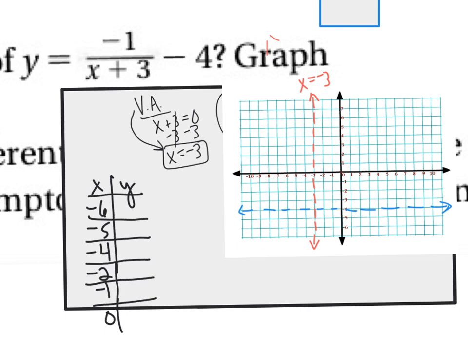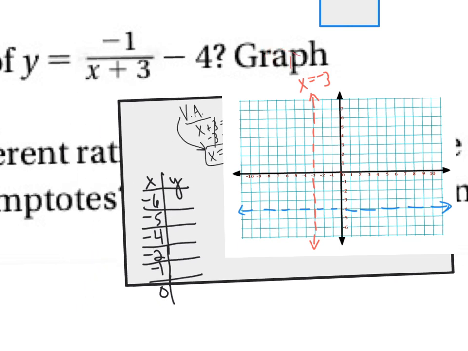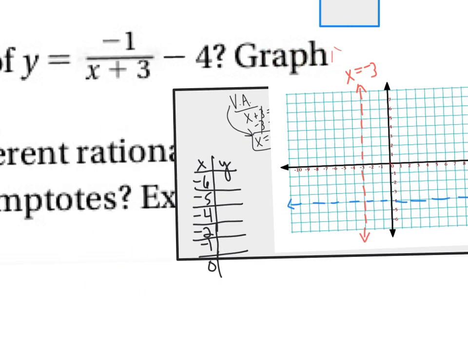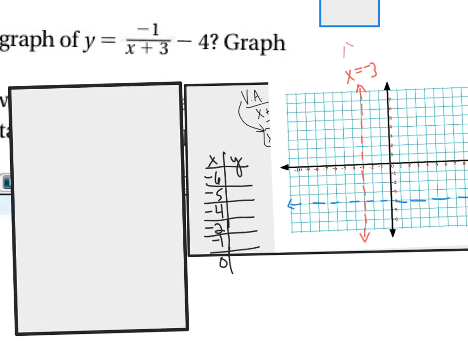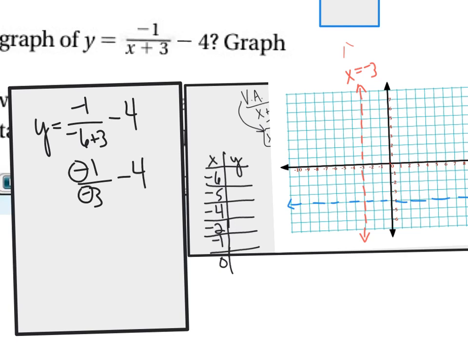So if we put a -6 in place of x in the denominator, we'd have -6 plus 3. So that would be -3. Here a negative divided by negative would be a positive.